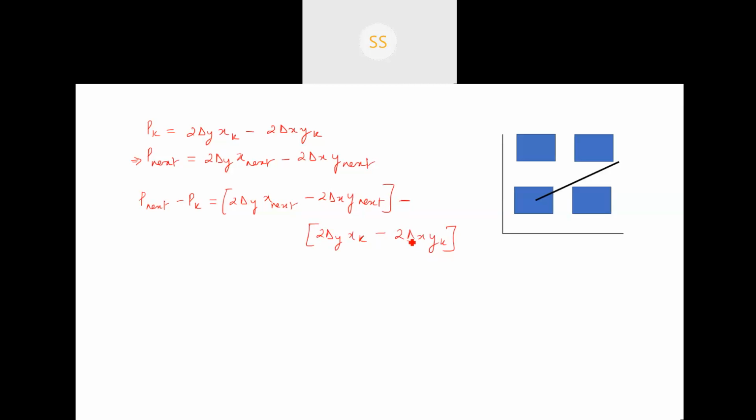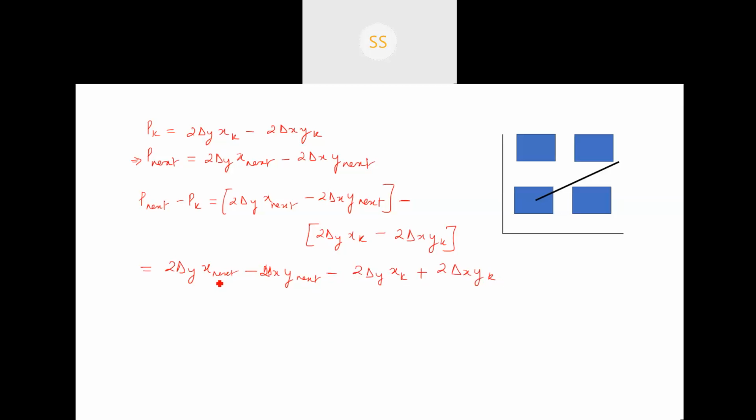Now I can just open it up, and that is going to give me 2 times delta y x next minus 2 times delta x of y next, minus 2 times delta y of xk plus 2 times delta x of yk.